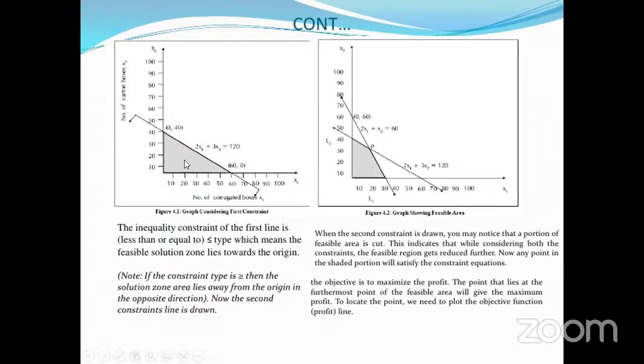You can see the shaded region here. Why? Because it is less than or equals to type, not more than or equals to. So the area is to be considered as this area. Is this clear?